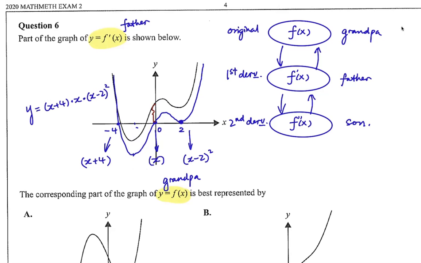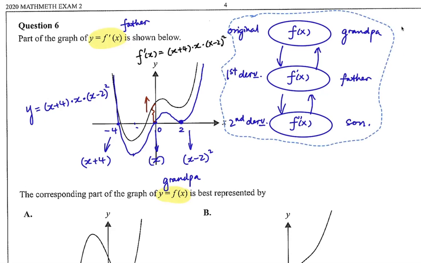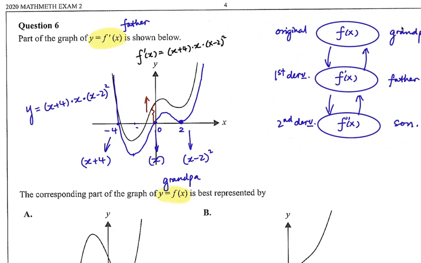If I involve this upward translation, the black curve should be written as f dash of x, which is y plus a positive constant. Let's say x plus 4 times x minus 2 squared. Right. Let me remove this family tree and keep going. My best bet will be plus 2 if this one was a 1-to-1 ratio.